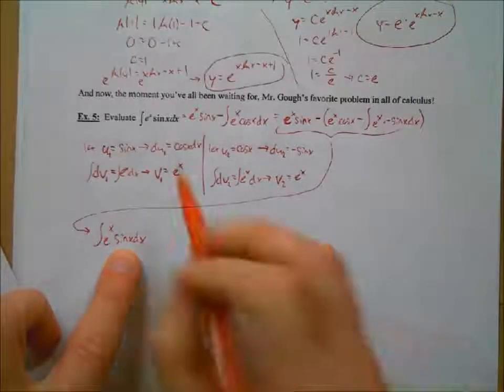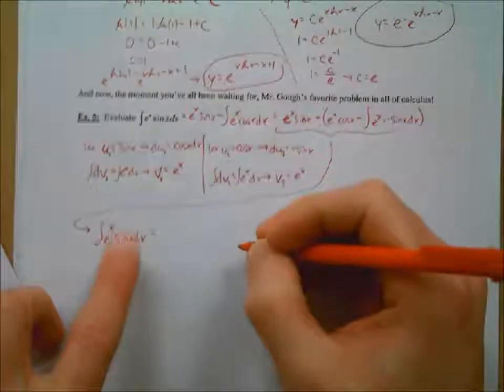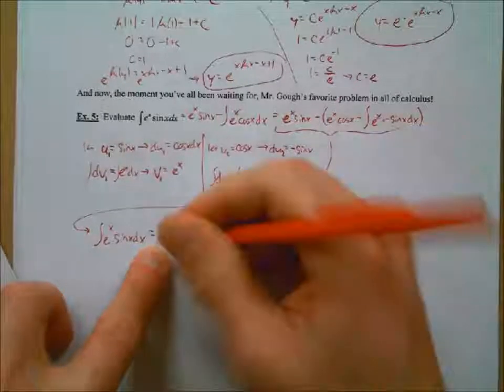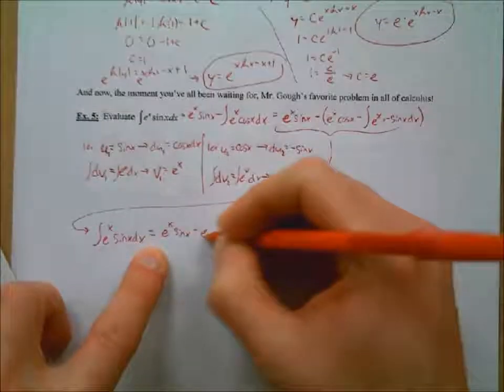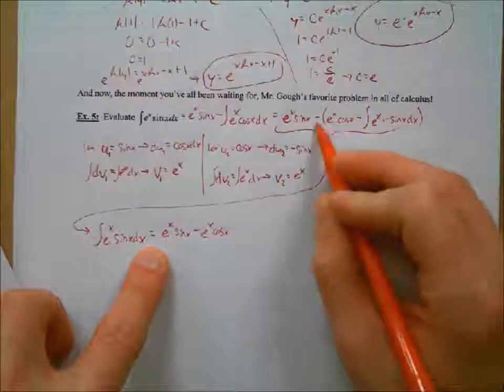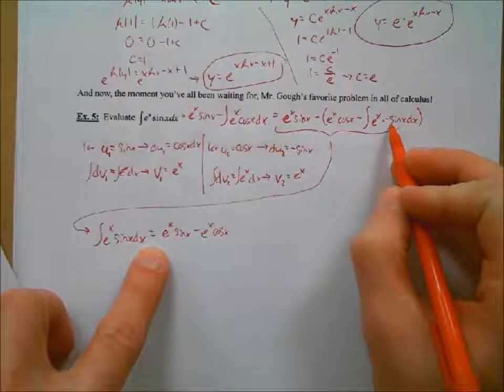And I'm going to skip over this step we just did and say, okay, we know this integral of e to the x sine of x dx is going to equal this thing right here, which is e to the x sine of x minus e to the x cosine x. And then the minus and the minus become plus, but then there's the minus from the sine there, okay? So it's plus, but it's another minus.